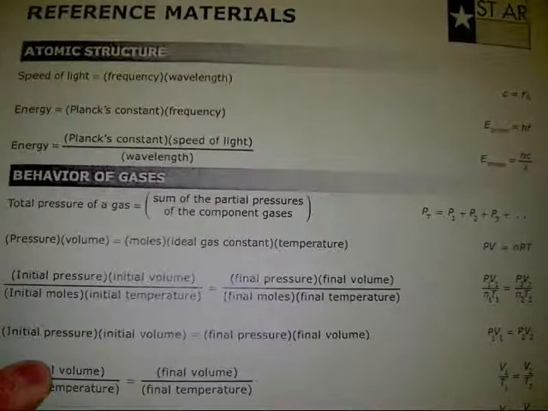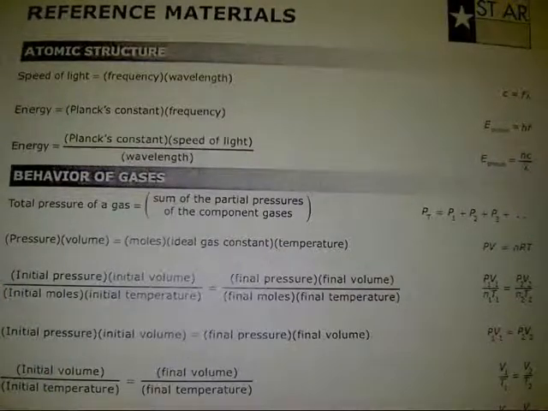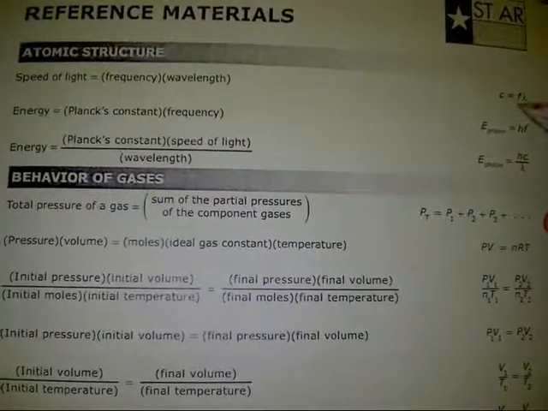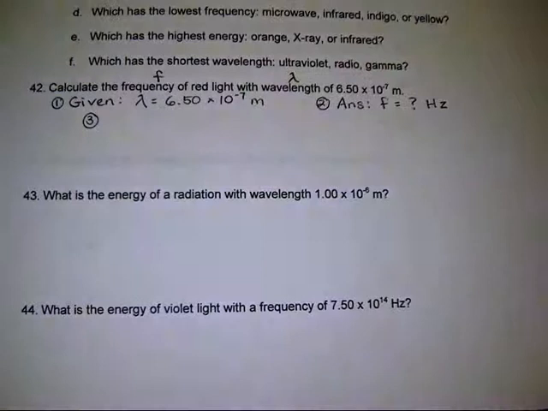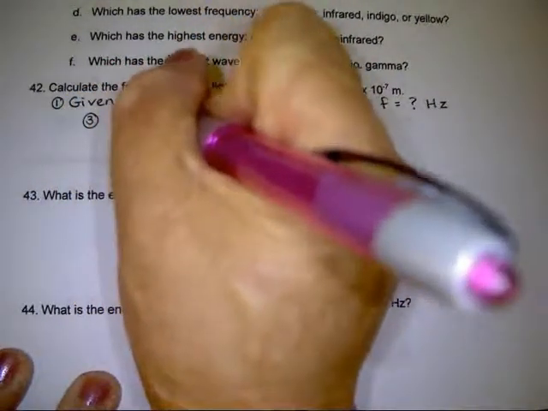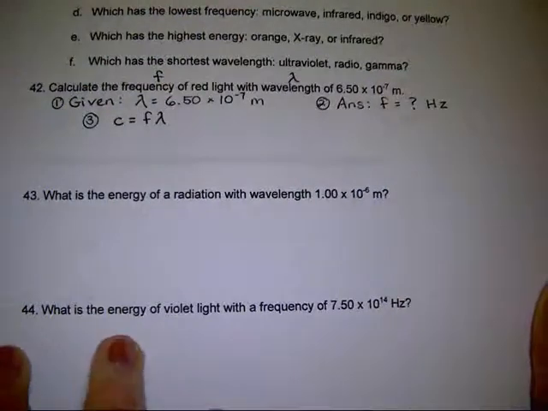In this case, our given for number 42 was wavelength, and the answer we're looking for was frequency. So we have to use a formula that has both the frequency and the wavelength, and it turns out to be the first one, c equals f times lambda. So I will be using c equals f lambda as the formula.